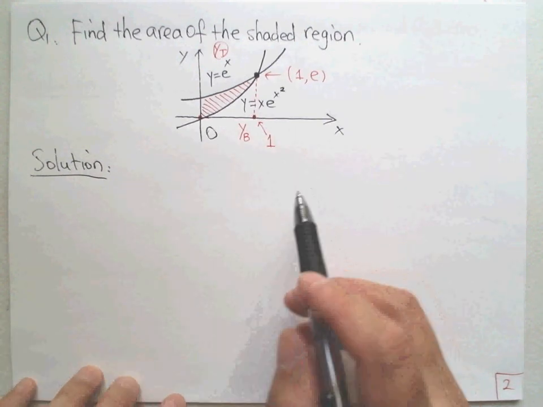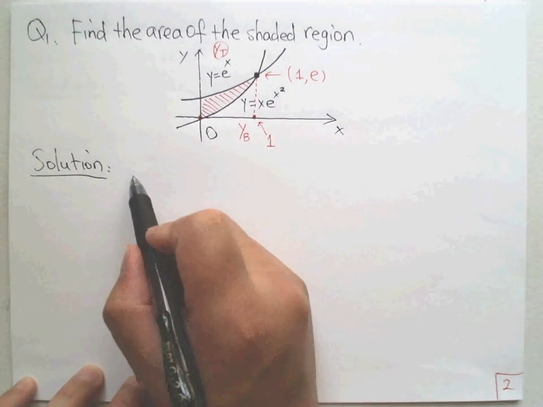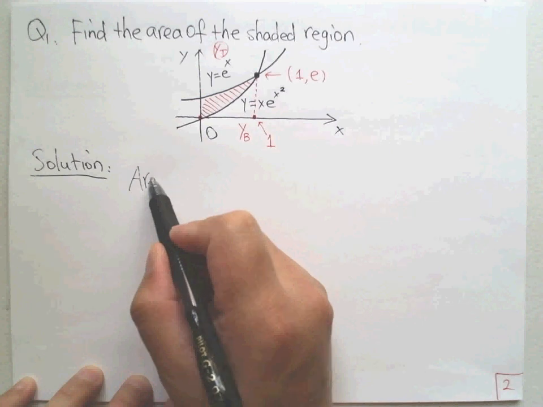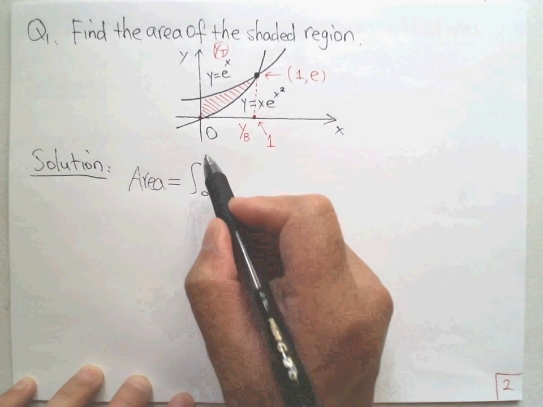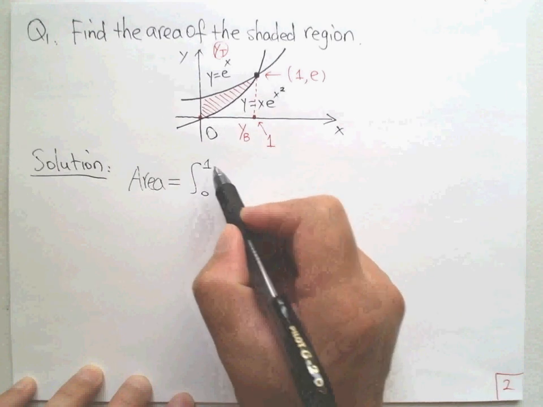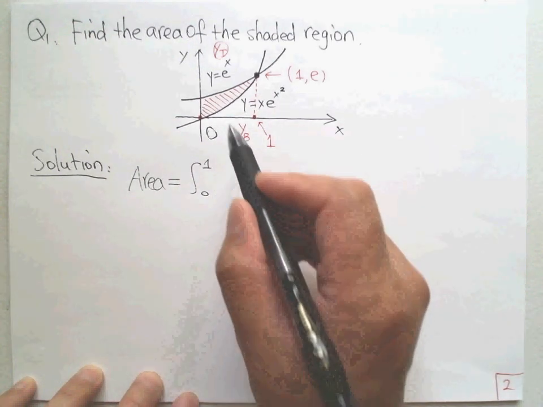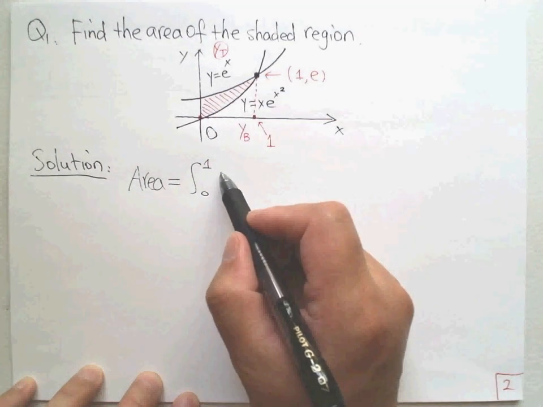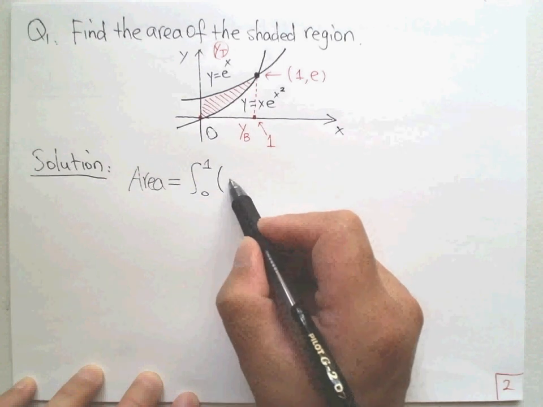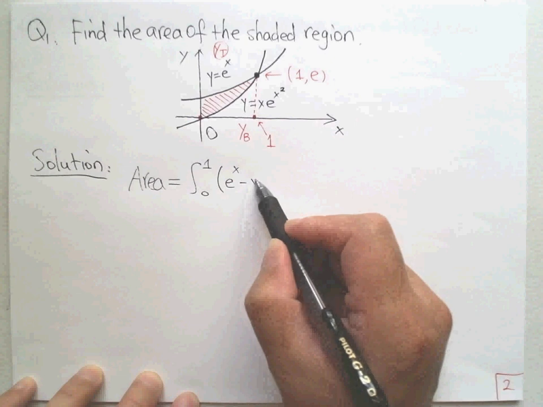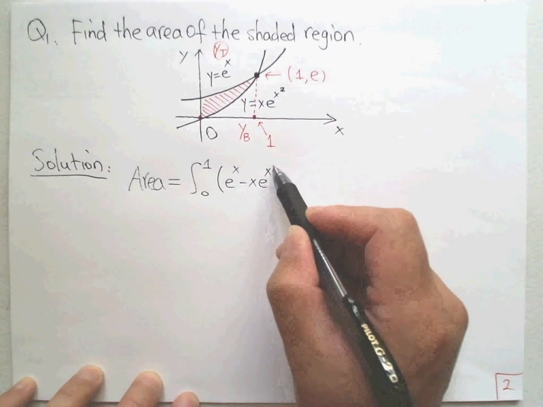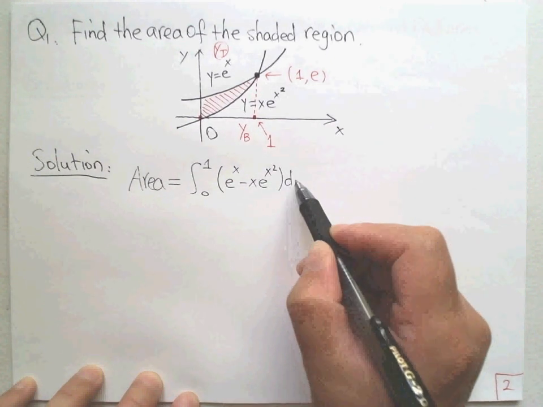So the area equals the integration from 0 to 1, and then we use the top minus the bottom. Remember the formula. The top is e raised to the x. The bottom is x times e raised to x squared, and then dx.